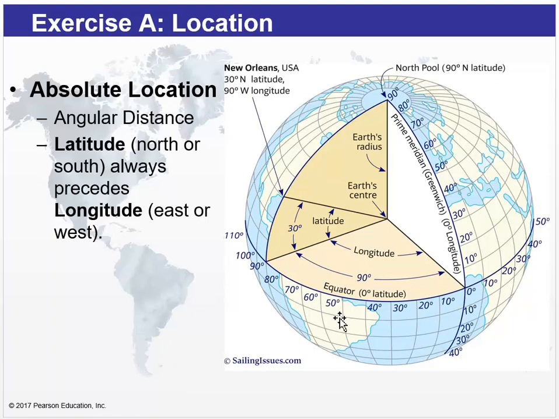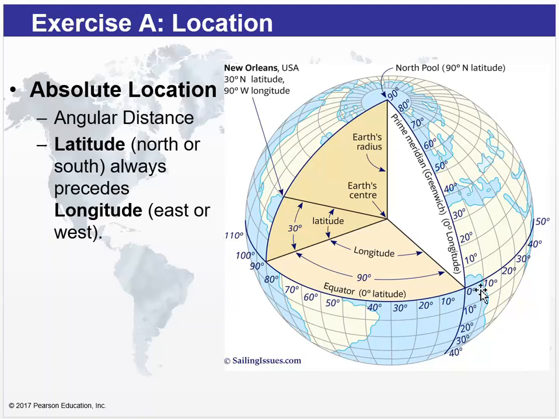So if this is the equator, degrees north is going up this line. So degrees north is going to find us this point, 30 degrees north of the equator. Or if we're starting here in the prime meridian, which is the 0 point when you're looking at lines of longitude, and you're moving 90 degrees to the west, you're going to find this point, or 40 degrees west.